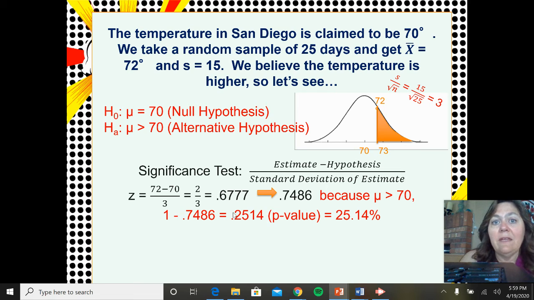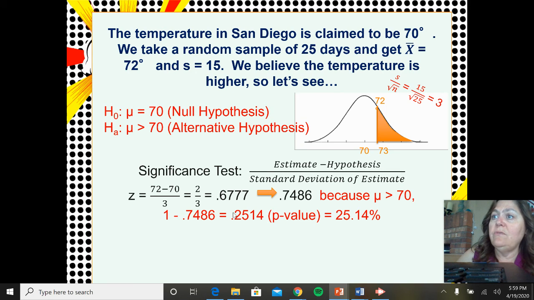So that's one other thing that I just needed to show you real quick. When you go right-tail, you have to remember, just like we learned back in chapter 2, to find 1 minus that probability from the Z table. And we get 0.2514. So we have a 25.14% chance of getting what we got.